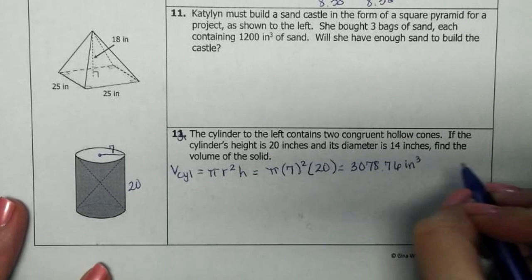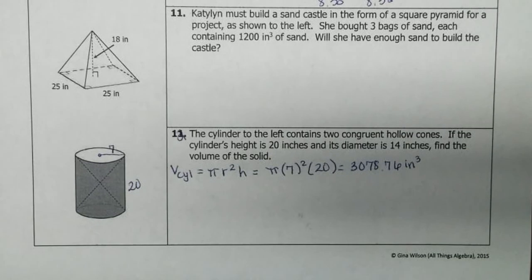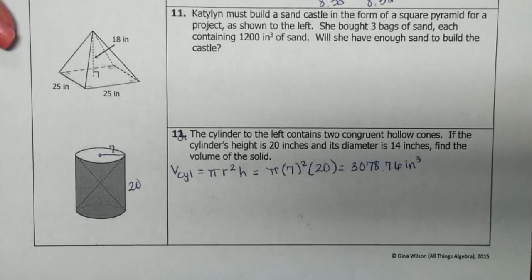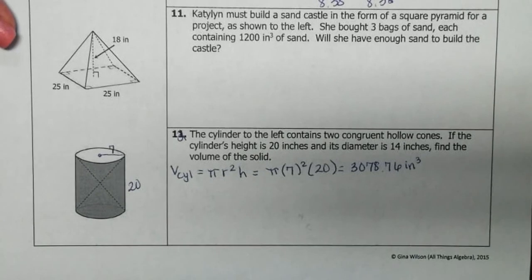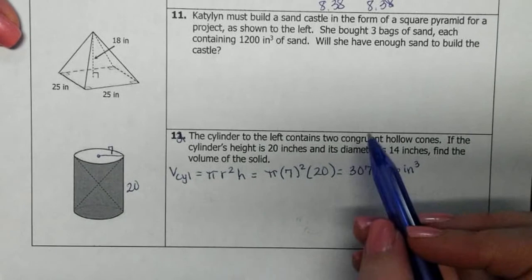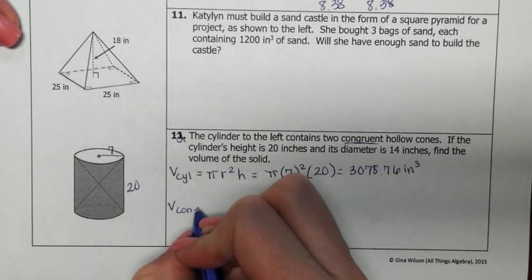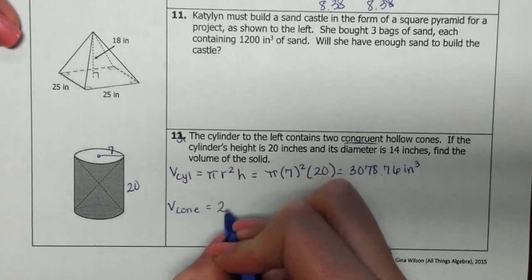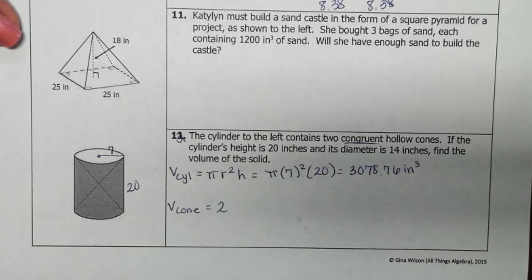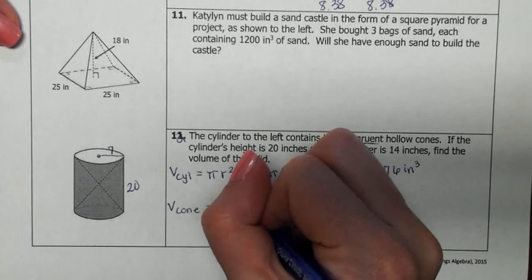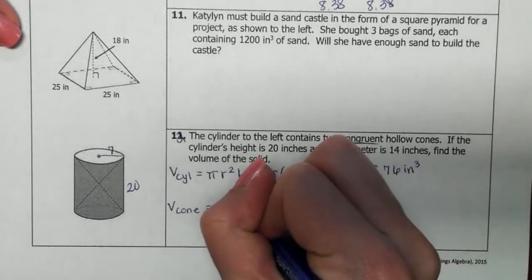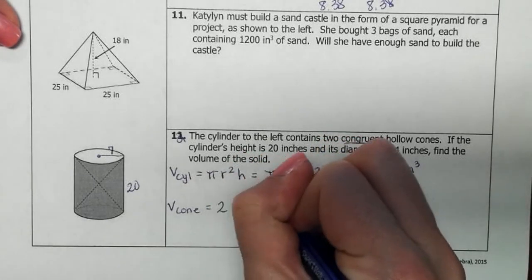That's the volume of the entire figure, but now I need to take out the hollow cones. So I have 2 that are the same size. They're congruent. So I can take the volume of a cone formula and start by multiplying it by 2 because there's 2 of them. That formula is 1/3 pi r squared times height.